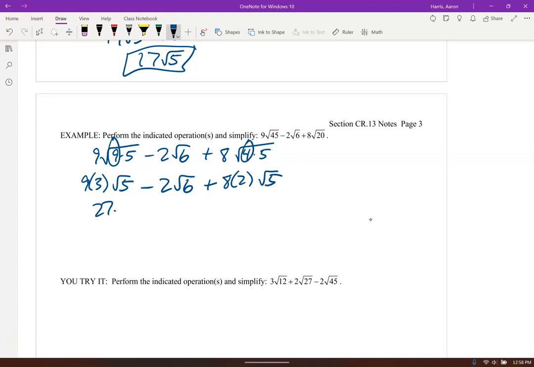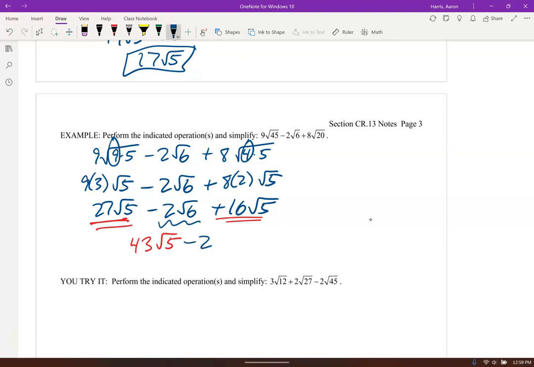So we have 27 root 5 minus 2 root 6 plus 16 root 5. Well, 27 root 5 plus 16 root 5 is 43 root 5. And then we still have minus 2 root 6. So 43 root 5 minus 2 root 6.